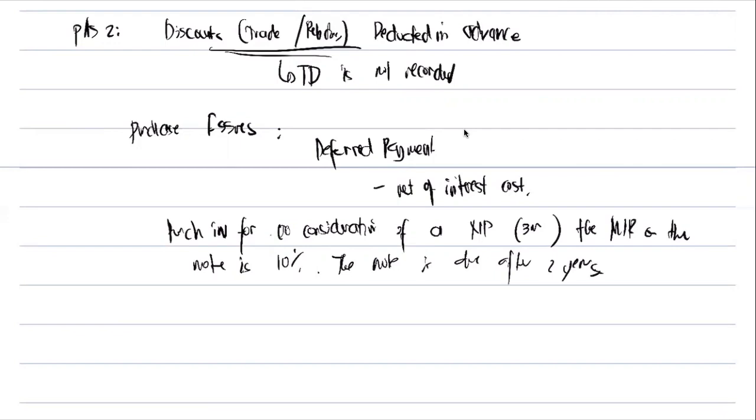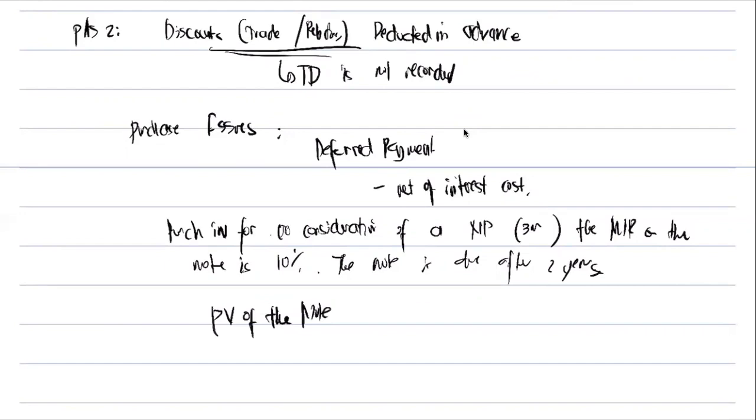So what happens here, guys, is that we need to get the value of our note, and we need to net it of the interest cost. So we just get the PV of the note. Still 3 million, 10%, 2 years.